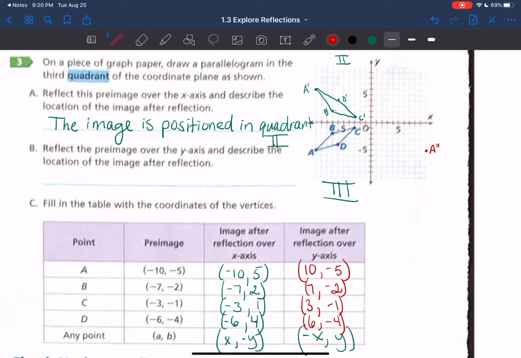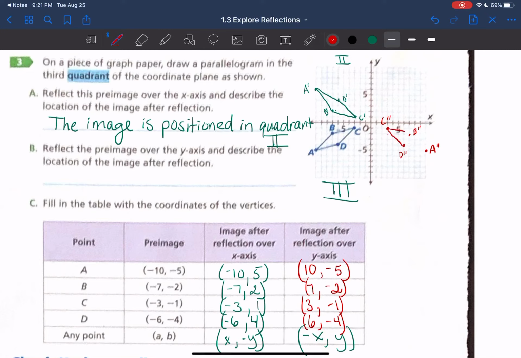All right. And then B will be at 7, -2. B with 2 primes. C is going to be at 3, -1. C prime. And then D is going to be at 6, -4. D, 2 primes.